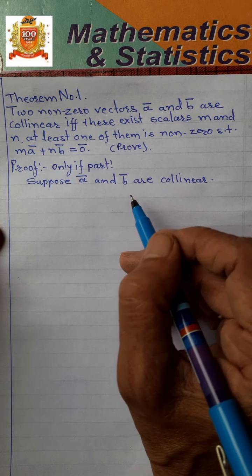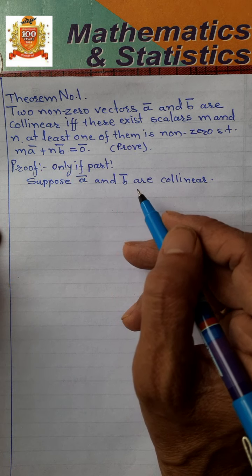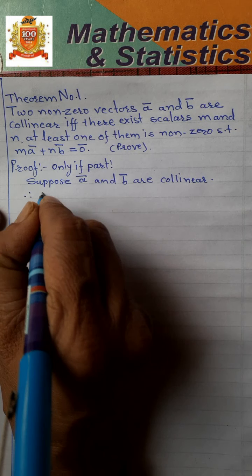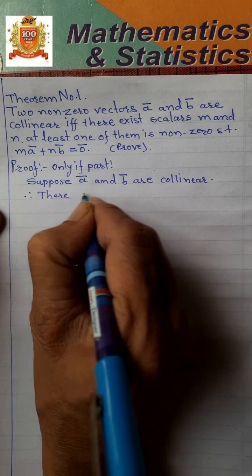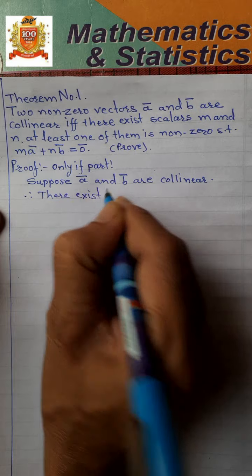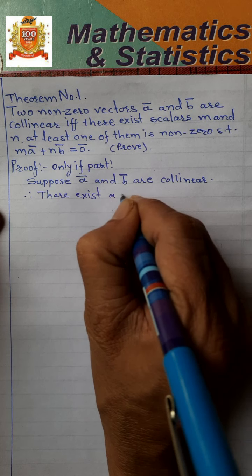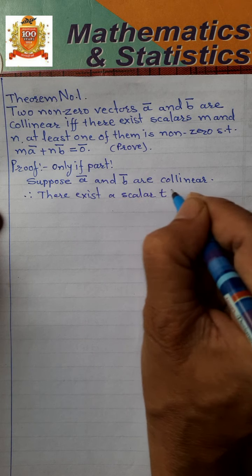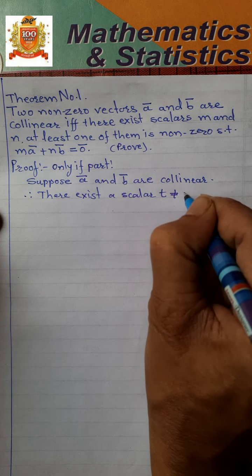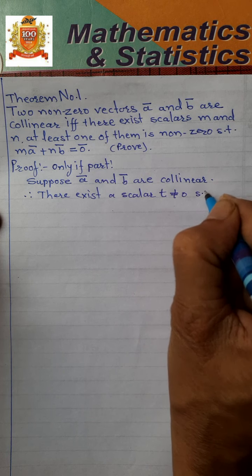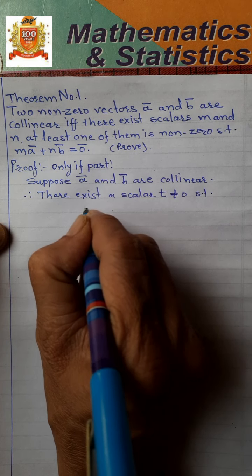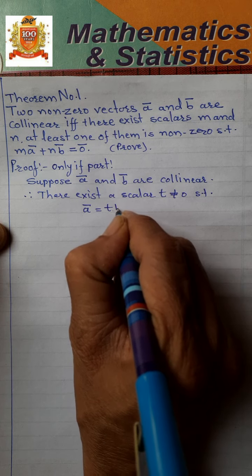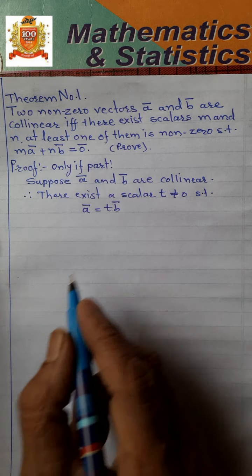We know that when two vectors are collinear, then they are scalar multiples of each other. Therefore, there exists a scalar, denote it as t, which is not equal to 0, such that a bar is equal to t b bar, isn't it?